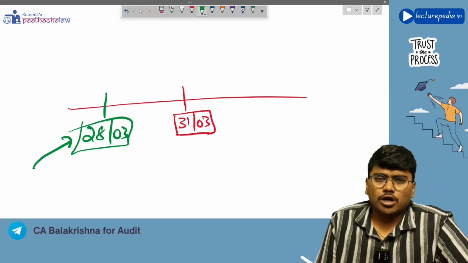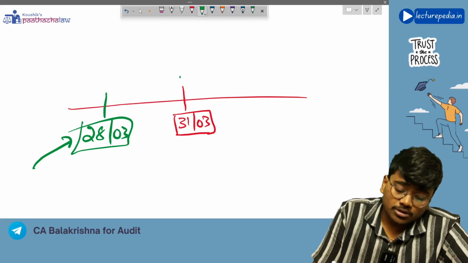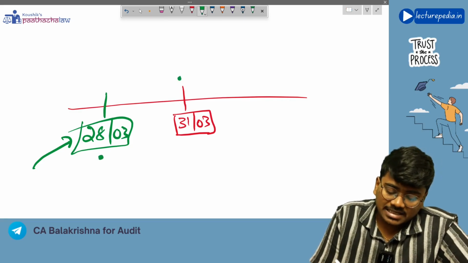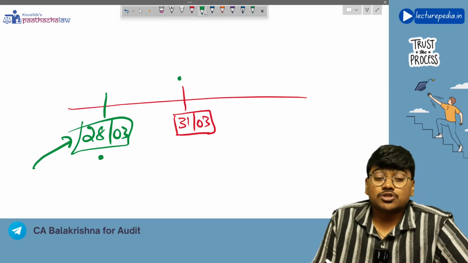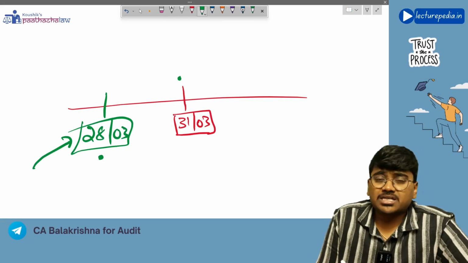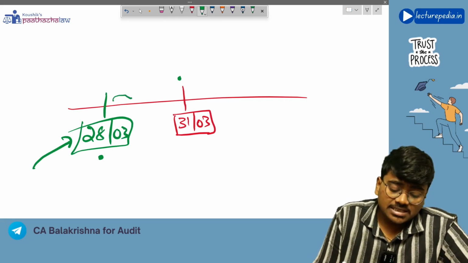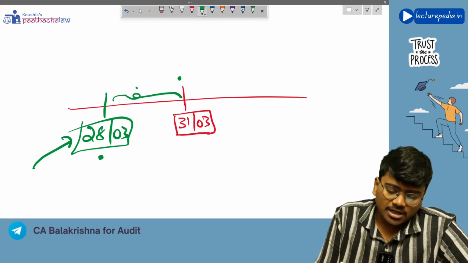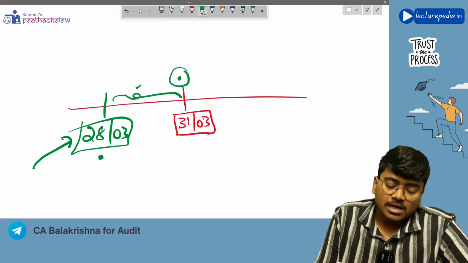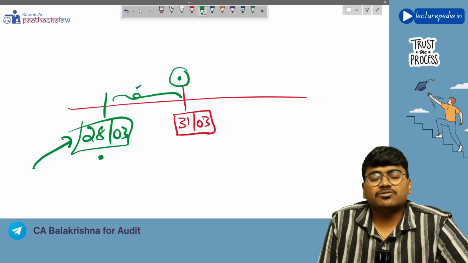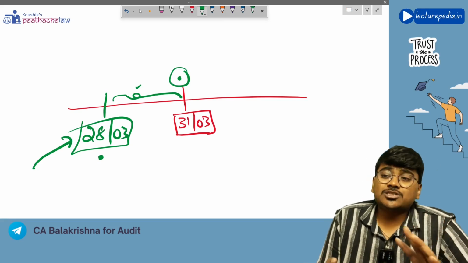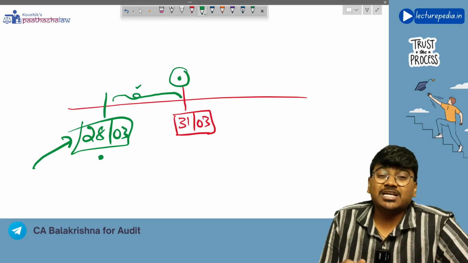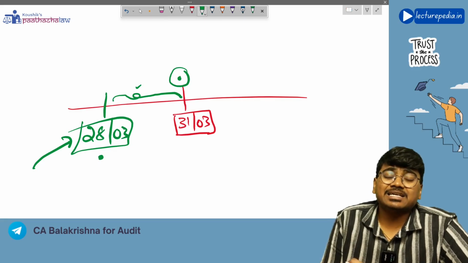In this situation, what will the auditor do? He wants evidence about 31st March, but he has attended as on 28th March. So he will perform audit procedures on whether the purchases and sales during this period have been entered properly or not. If they are entered properly, the physical inventory as on 31st March will also be proper, correct or not. The auditor will do this procedure if inventory verification is done at a date other than 31st March.